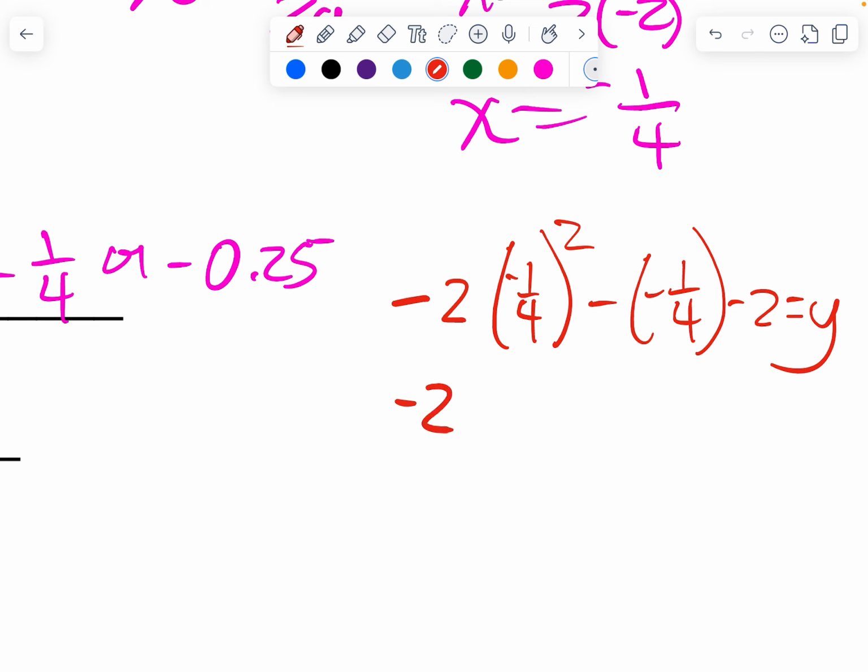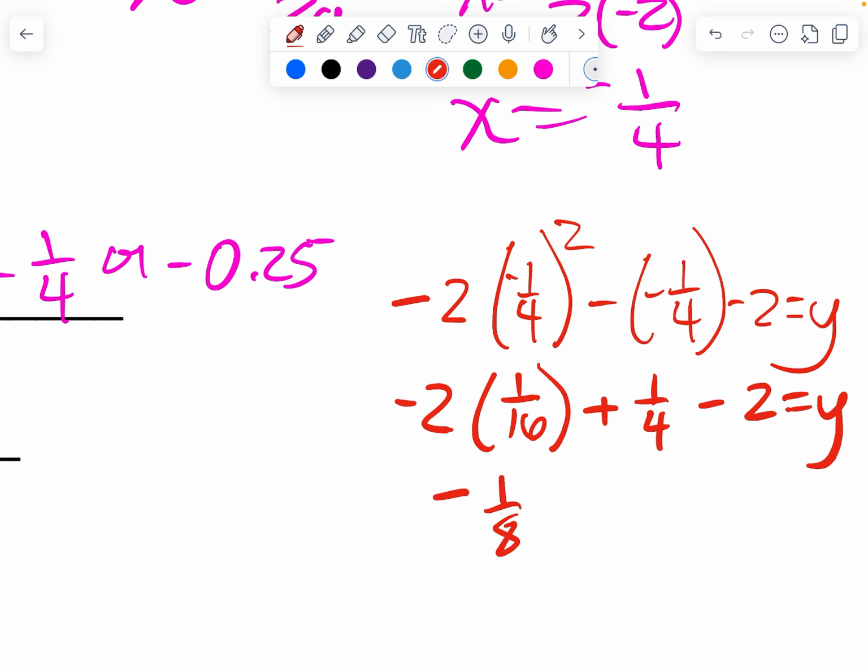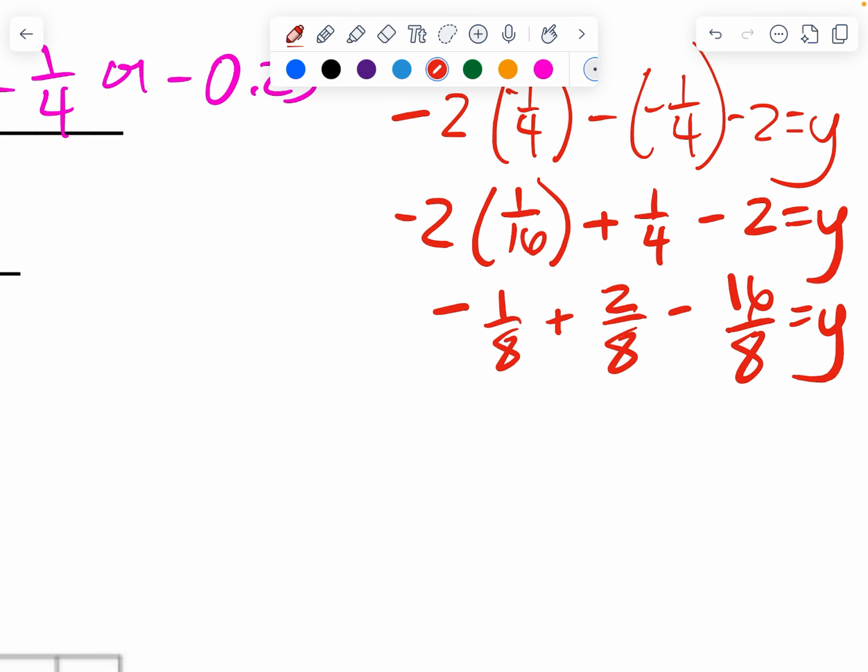So negative 2 gives me 1/16 plus 1/4 minus 2 equals y. So this gets me negative 1/8 plus 2/8 minus 16/8. So that would give us negative 17/8.